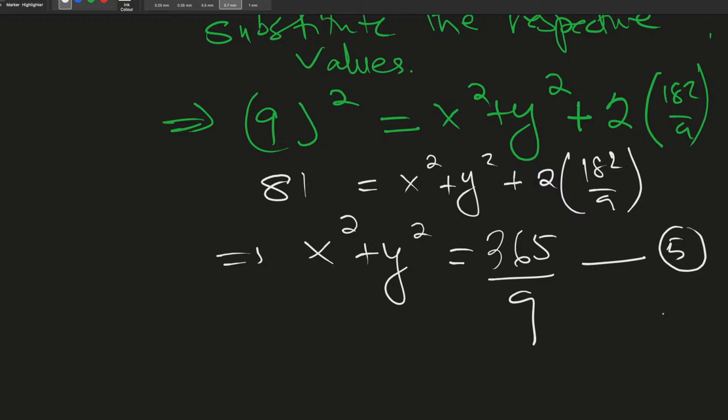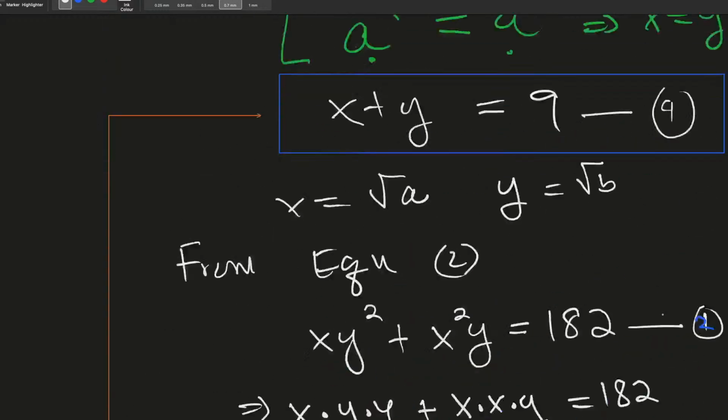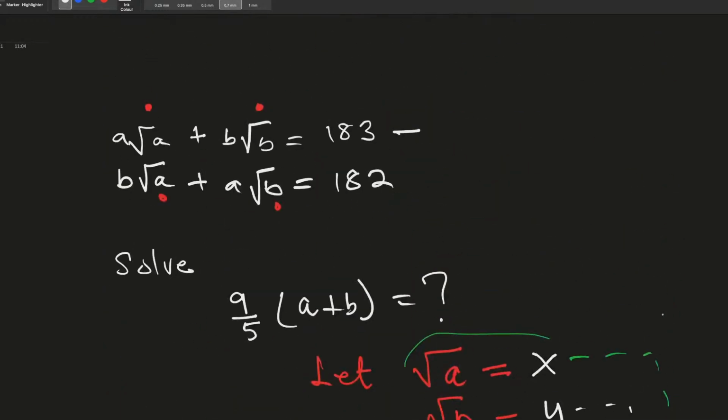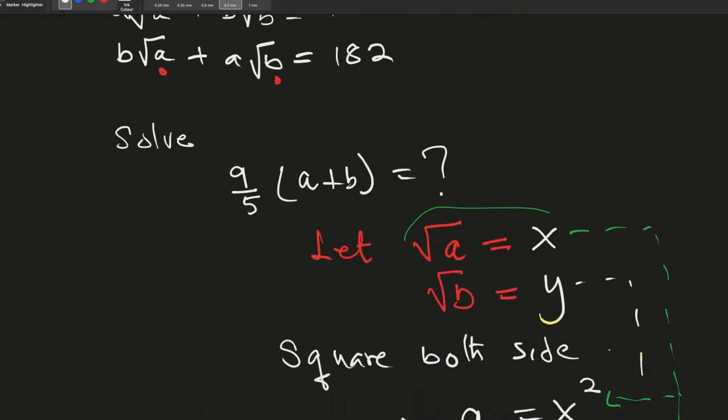If you look at it very carefully, when we started, we knew that this is what we're looking for: 9 over 5 multiplied by the sum of A and B should give a certain answer. And bear in mind that we said let the set of A be equal to x and let the set of B be equal to y.